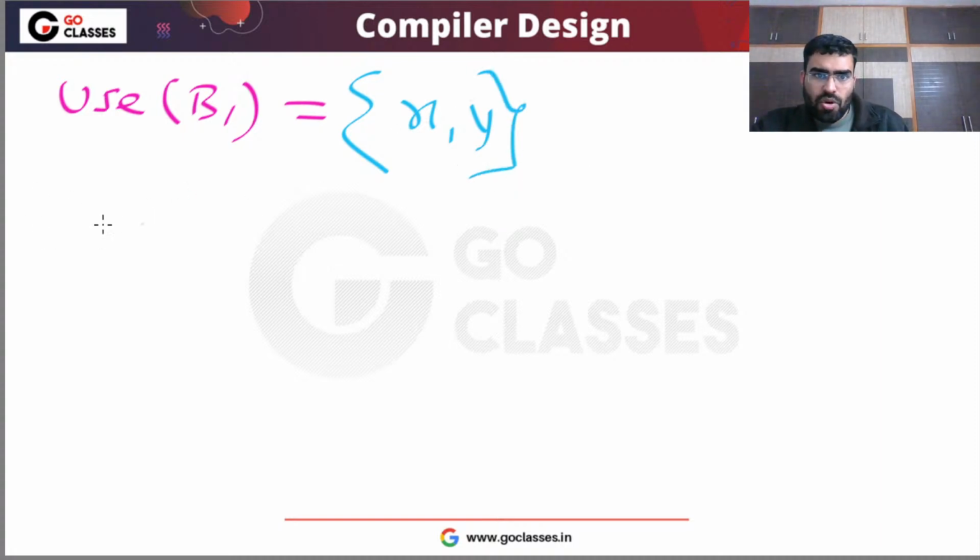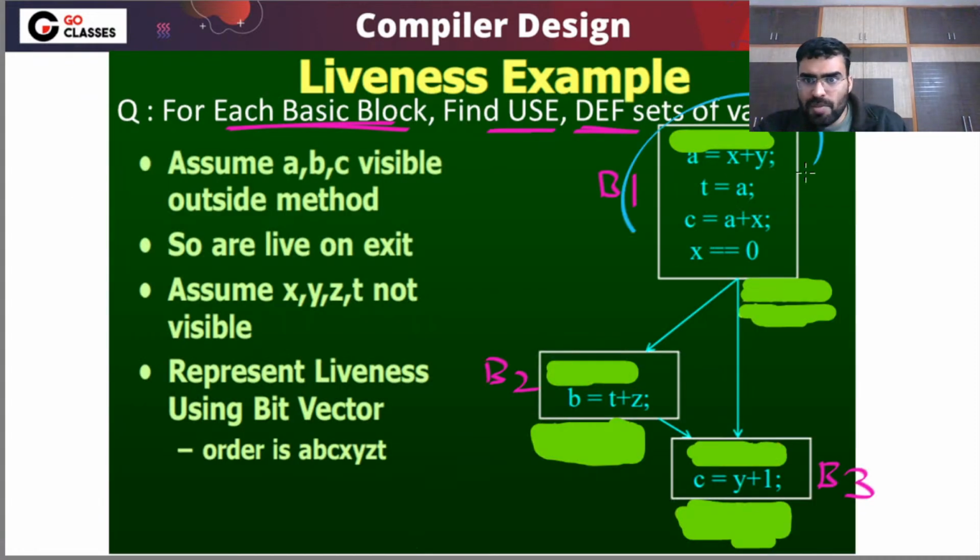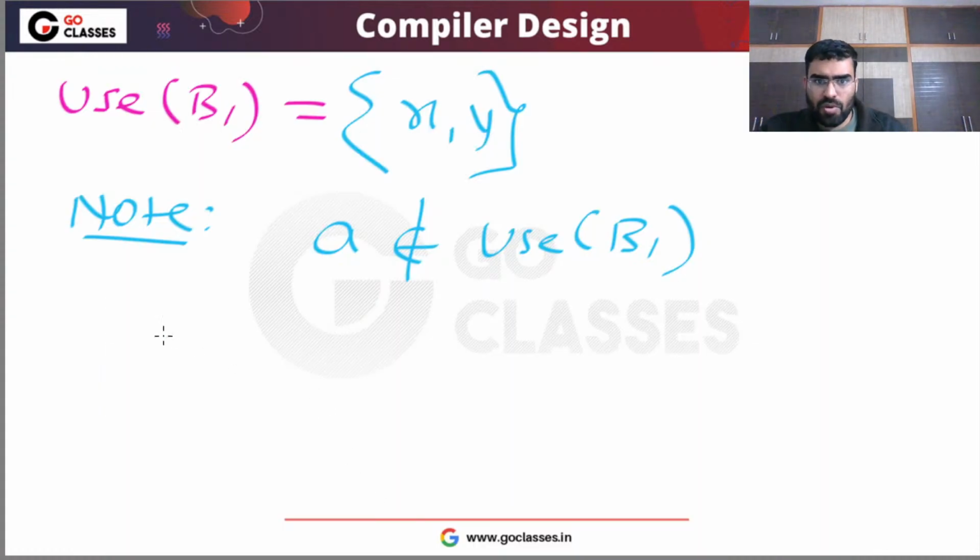Note that A does not belong to use of B1, because in this basic block you are not using A, since you are defining this A in the entry. Note that T also does not belong to use of B1.